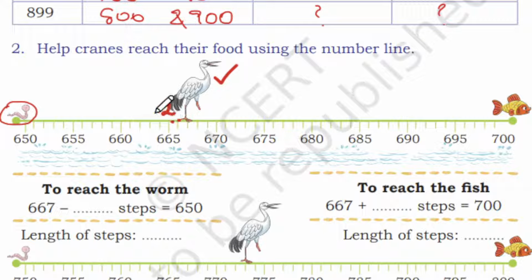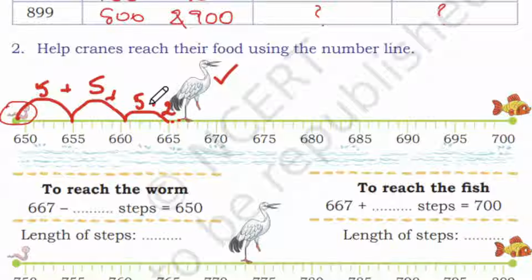From 665 to 660 we have 5, 660 to 655 one more 5, and 655 to 650 one more 5. So 5 plus 5 is 10, 10 plus 5 is 15, 15 plus 2 is 17. So 17 steps are required.